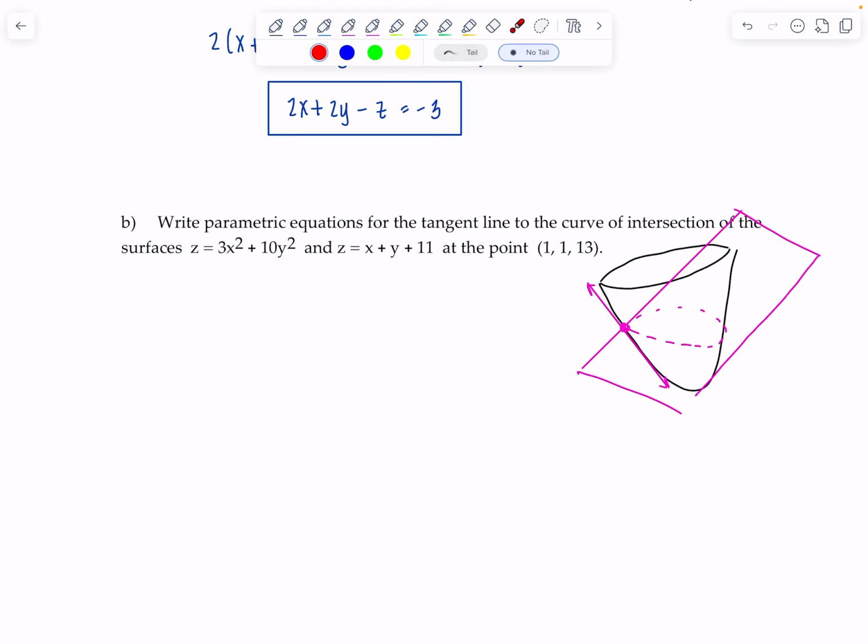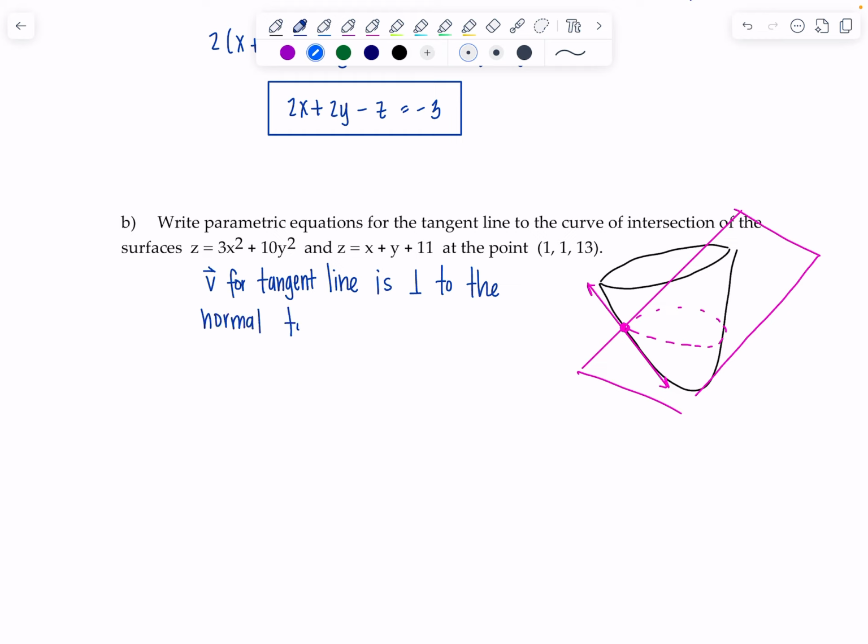I need a direction vector for the tangent line. Well, the direction vector for the tangent line is perpendicular to the normal to each of the surfaces at that point.